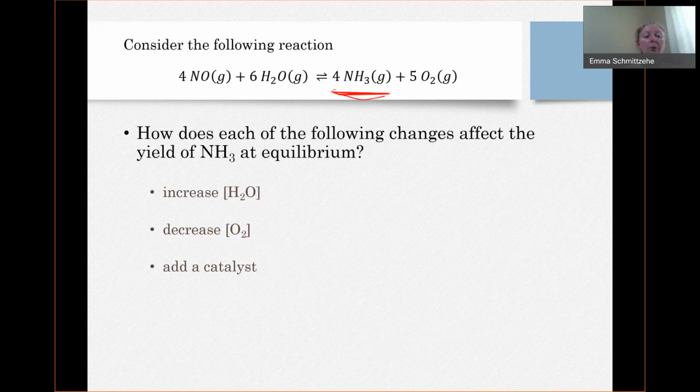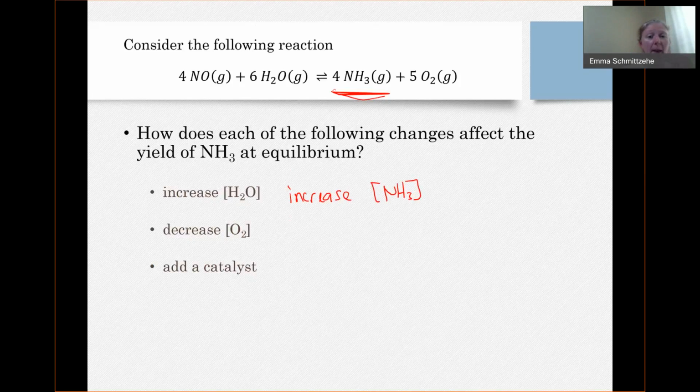So here, first I say increase the concentration of H2O. If I increase the concentration of H2O, that's a reactant, and so it's going to need to shift away from that. So what's going to happen is now it's going to shift towards the NH3, so that will increase the NH3, because the reaction will then shift towards it to get rid of some of that H2O that was added.